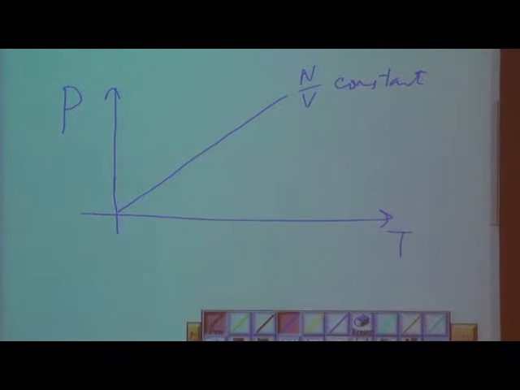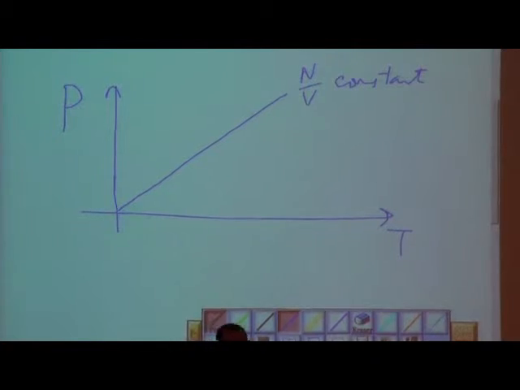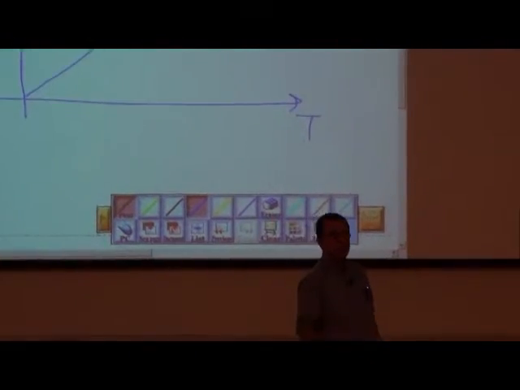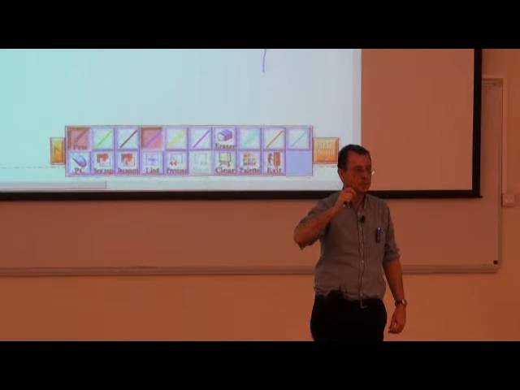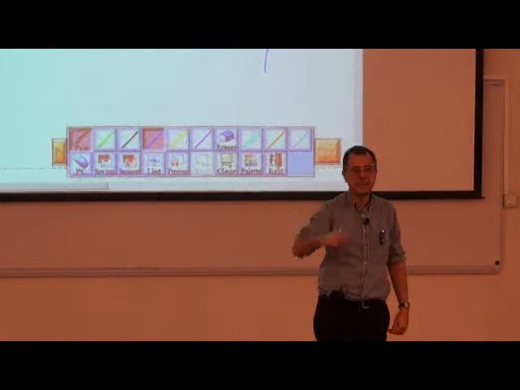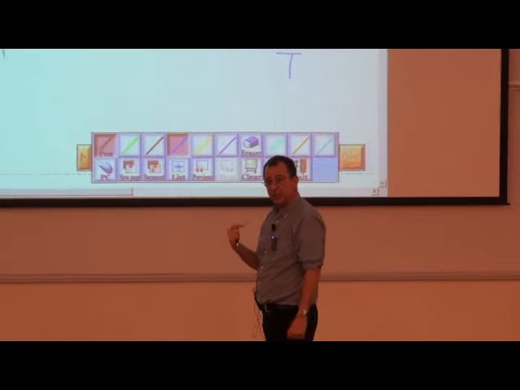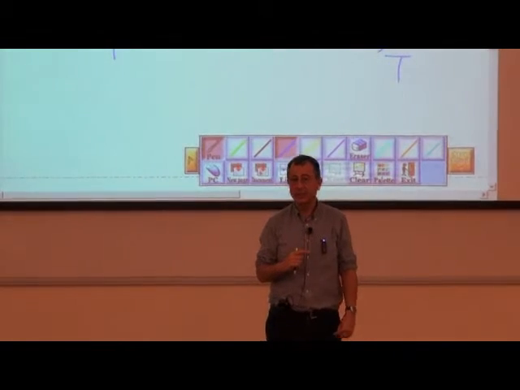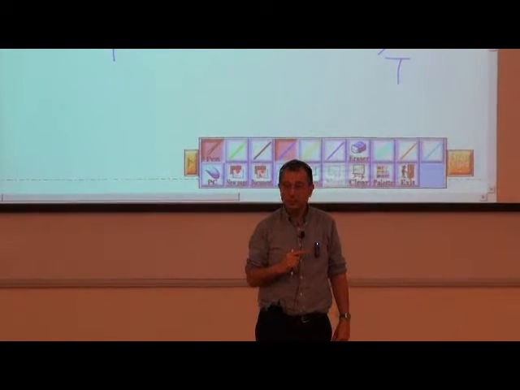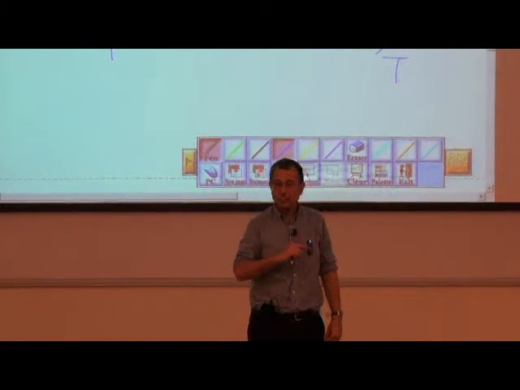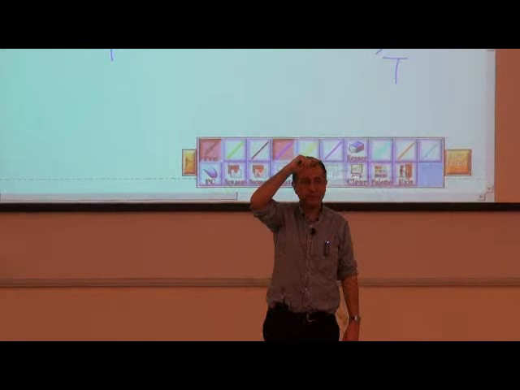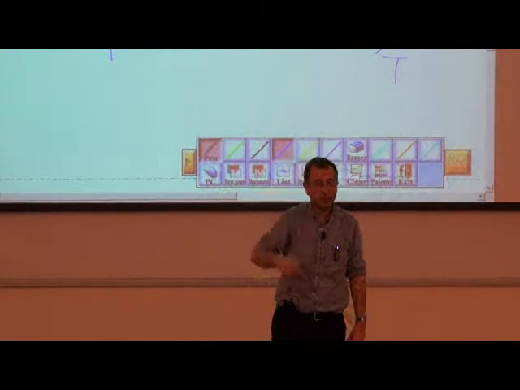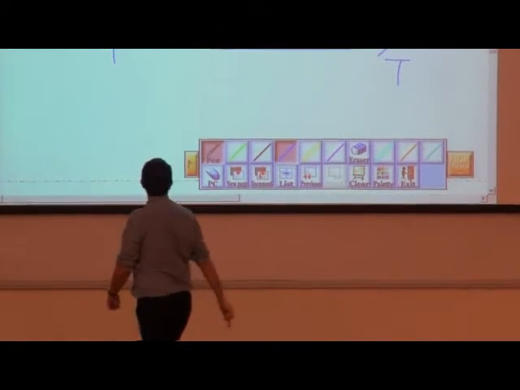For constant density gas, if you make sure that the density is constant and measure temperature versus pressure, they noticed that as you increase the temperature of the gas, the pressure increased, and the proportionality was N over V.